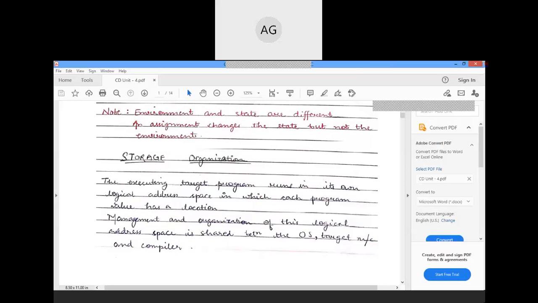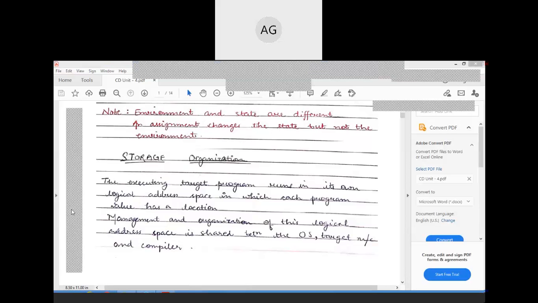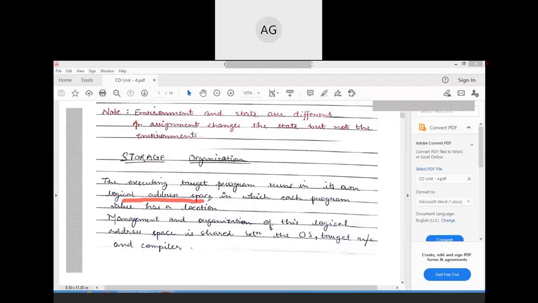You can change the state by putting the right hand side to the left hand side, but you cannot change the environment. Now the important topics of this unit: the first is storage organization. The executing target program runs in its own logical address space. As you already studied in your operating system subject, what is the logical address space?